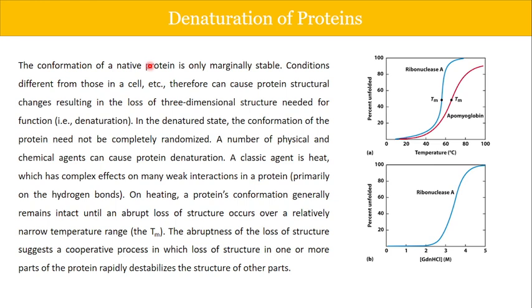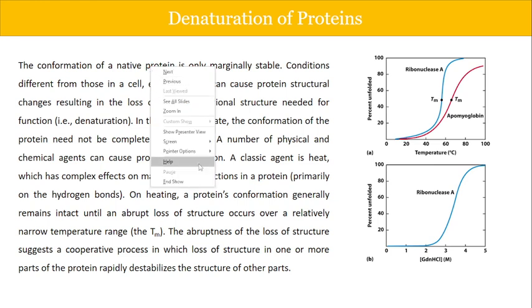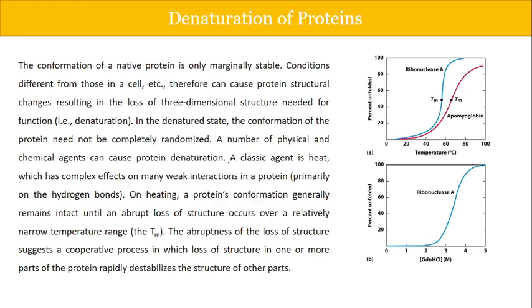So we cannot call an interaction very stable in a biased manner. The strength and weakness of the bond depends on the situation. The conditions differ from those in a cell, and you can have varying conditions. Therefore they can cause protein structural changes, resulting in the loss of three-dimensional structure needed for function.